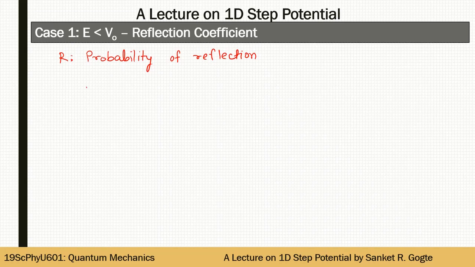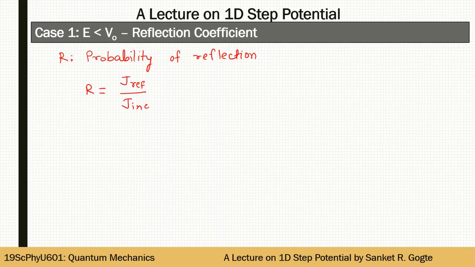And this R can be calculated by considering the probability current density, or rather it is the ratio of probability current density of the reflected to the incident wave.